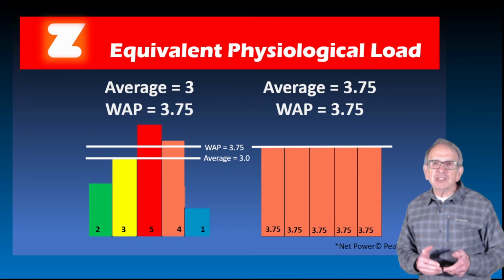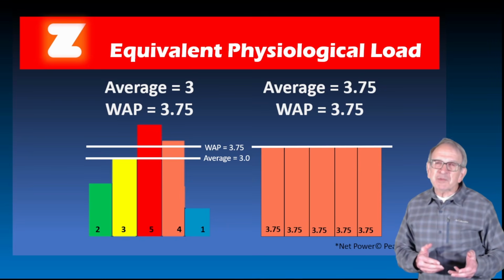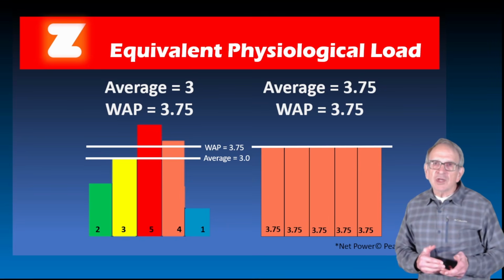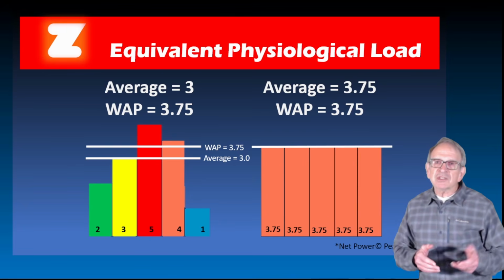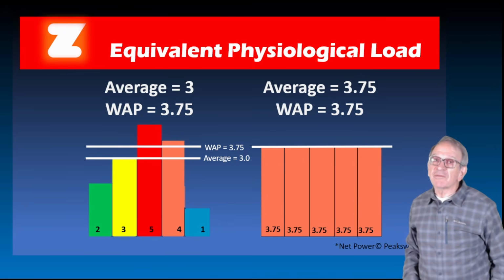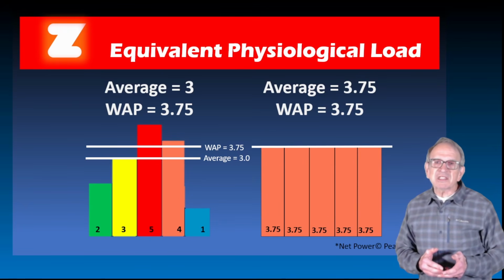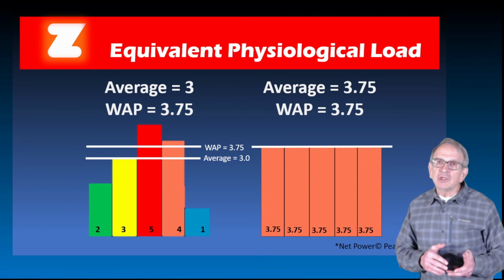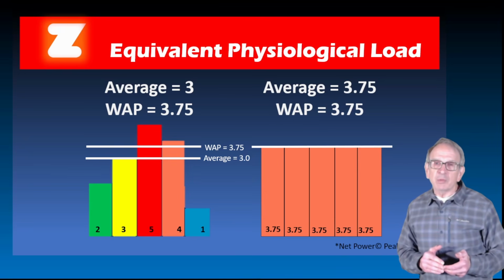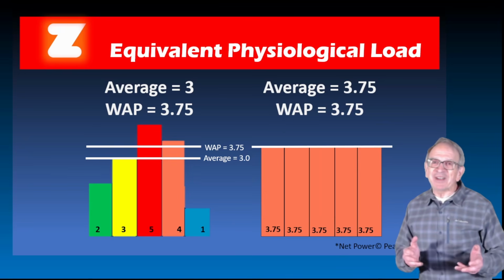Well, it might help us internalize what weighted average power means. So if you're riding at different levels and you get a weighted average power of, like the example that I used, 3.75, that would mean to get that same physiological load, you'd have to ride at that same level, 3.75, for the whole period. Okay, let's move on.